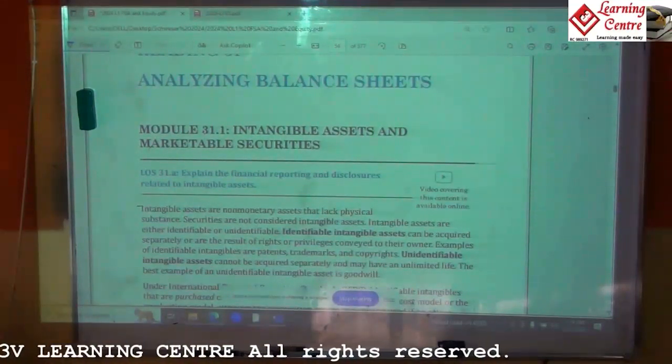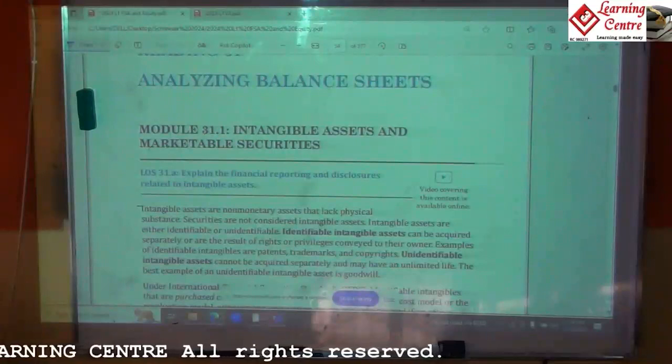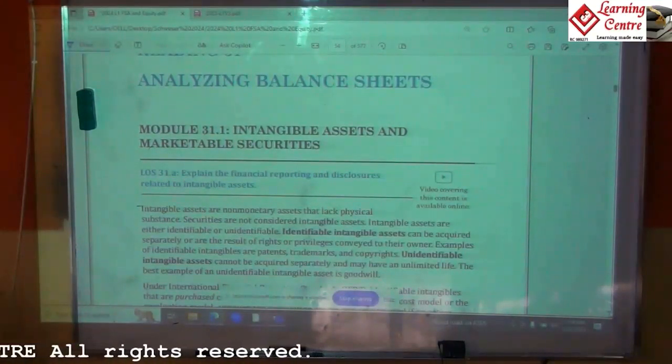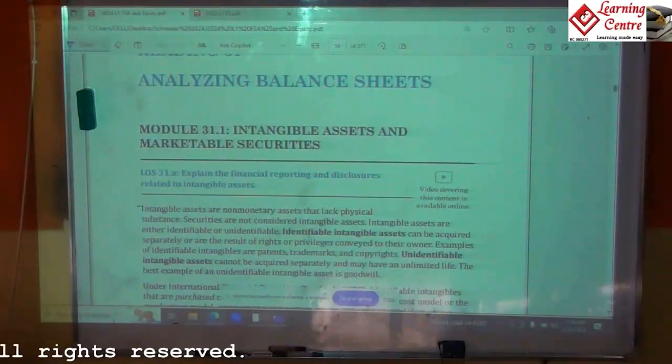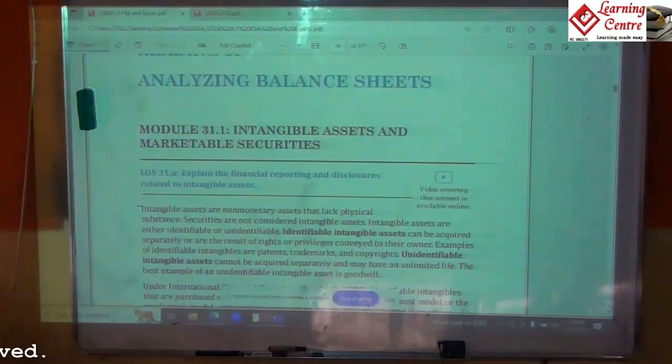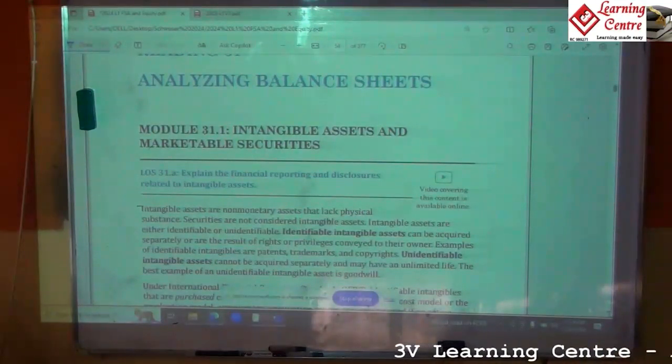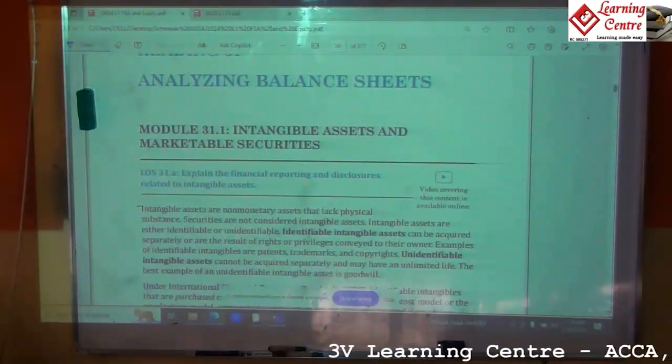So, next slide, identifiable intangible assets. Please let's take note. Identifiable intangible assets are assets that can be acquired separately and have a limited life. Are we together? When we say limited life, it could be 5 years, 10 years, 11 years, or 20 years.